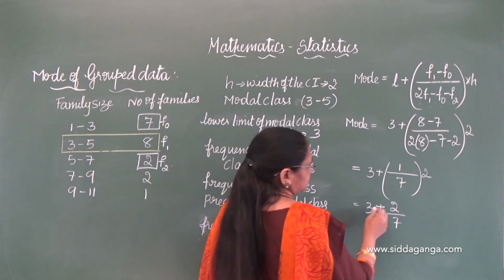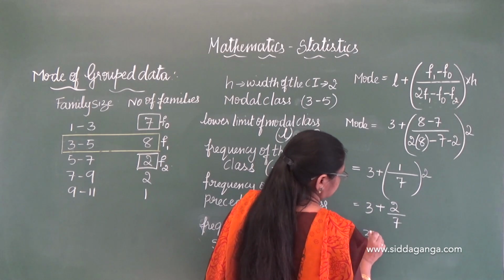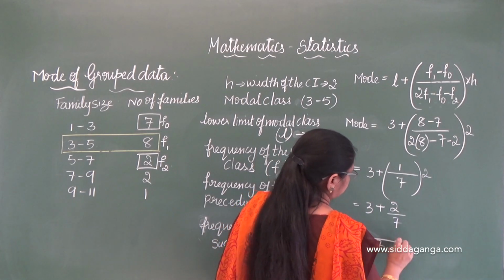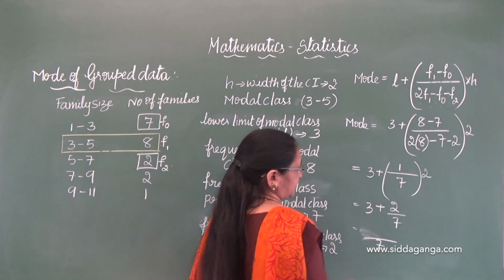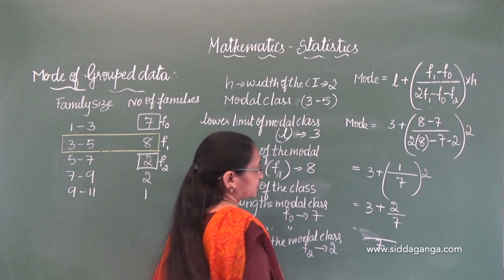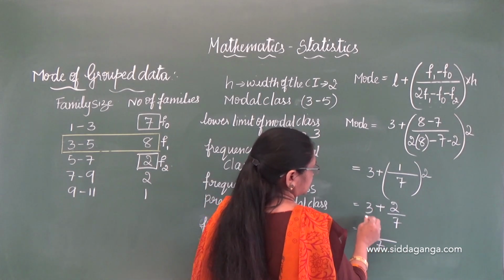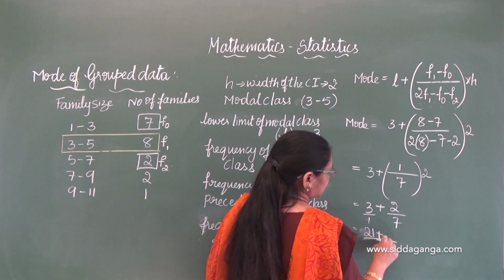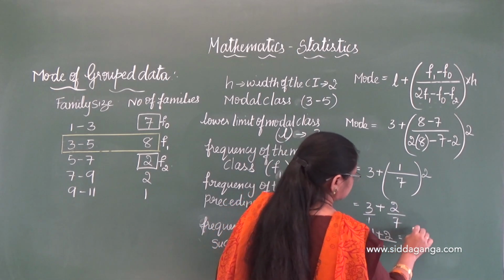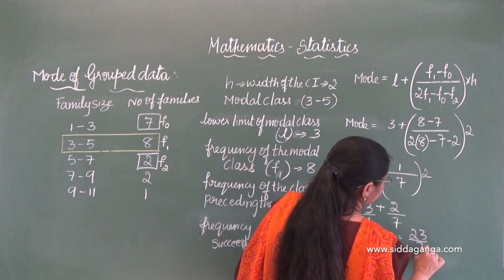Now what you can do, take the LCM, or convert 2 by 7 into decimal form and add, that is also easy. Or you can take 7 3s are 21 plus 2, that is 23 by 7.